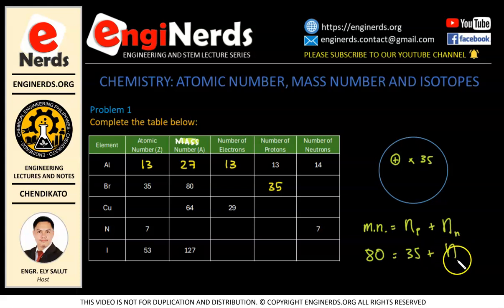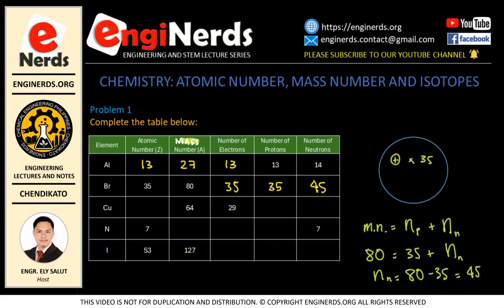So we can get the number of neutrons. So the number of neutrons is equal to 80 minus 35, which is equal to 45. So we can write that here, the number of neutrons is 45. And for the neutral element boron, the number of protons will be equal to the number of electrons, which is also 35. Okay, so we already finished our second row.